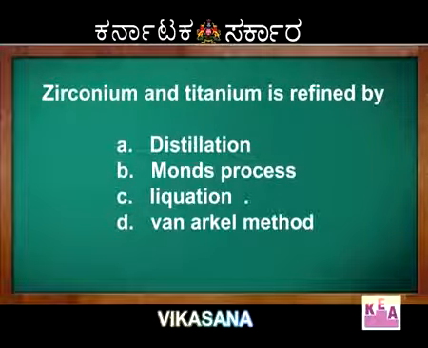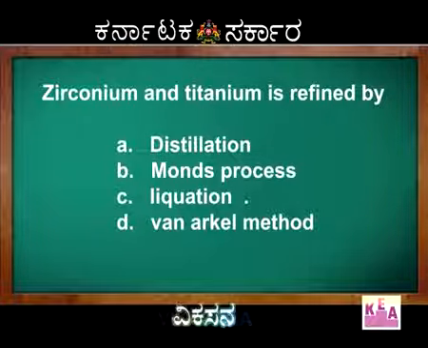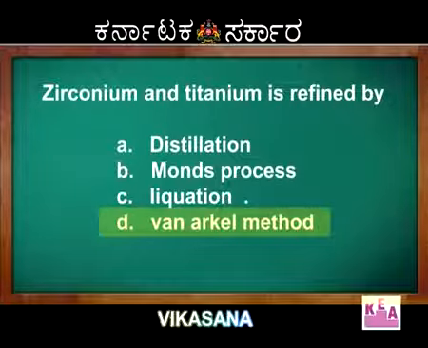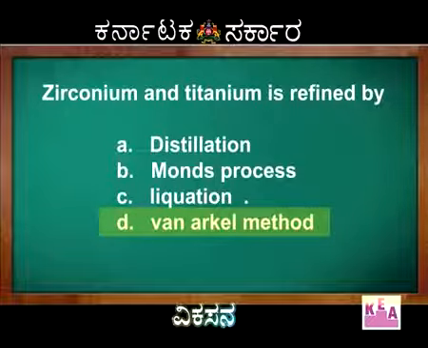Distillation is employed for refining metals which are volatile in nature, such as mercury. The right option is that zirconium and titanium are refined by the Van Arkel method. We have discussed a couple of questions on concentration, reduction and refining.